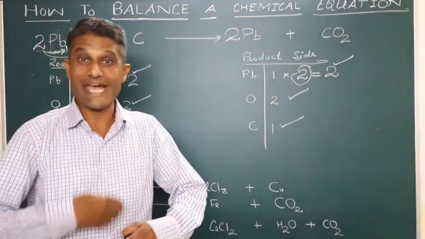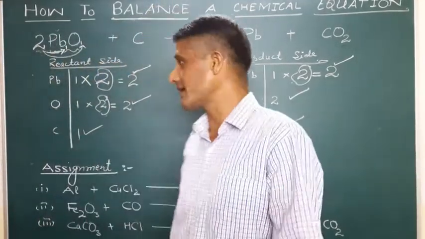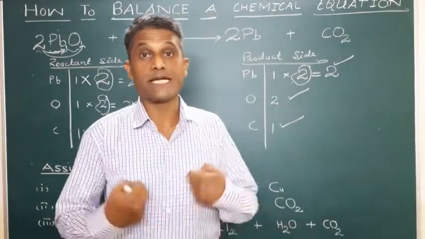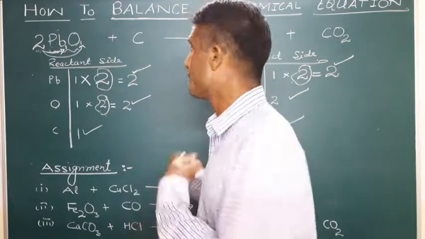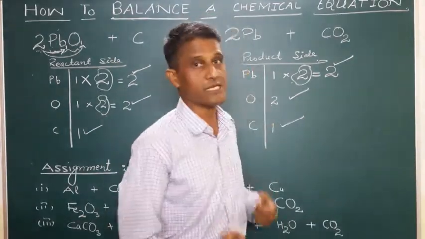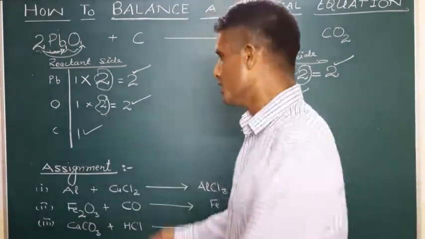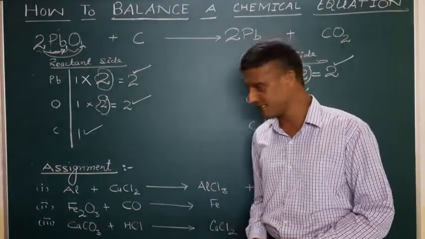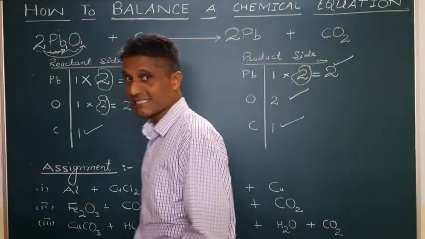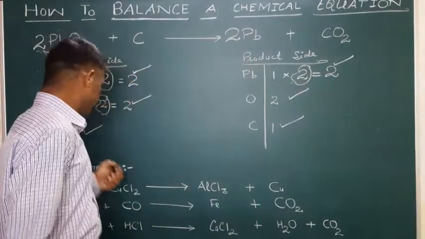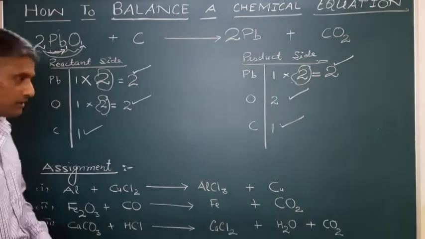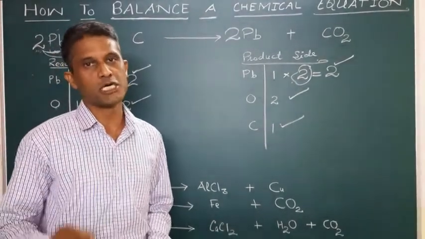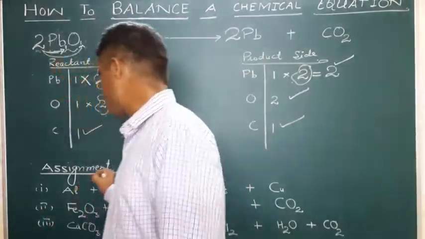This is a balanced chemical equation. That's how we can balance a given chemical equation. To test yourself and check whether you have got to the bottom of the methods mentioned here, you are provided with an assignment. Three chemical equations are written there that require balancing. Put them on paper and try to balance these chemical equations.